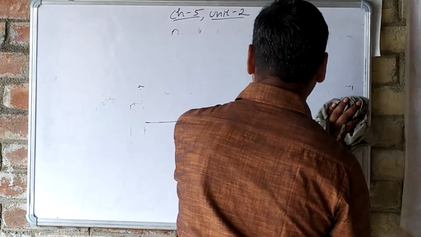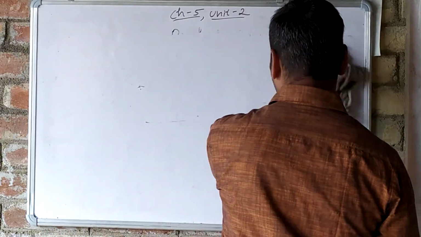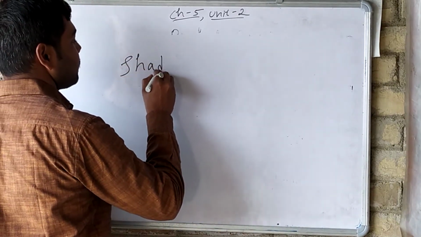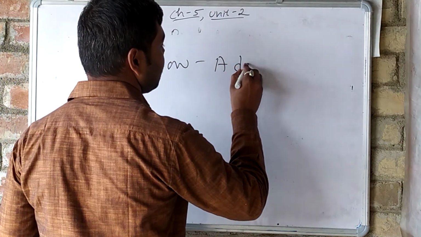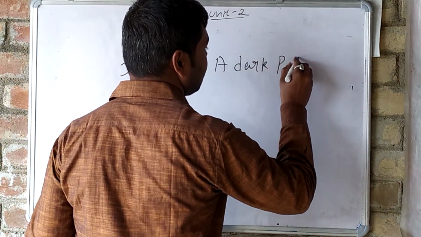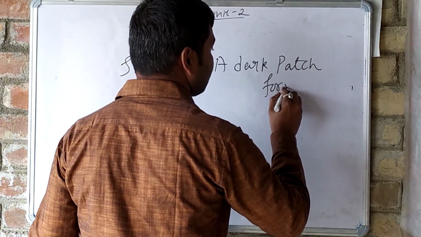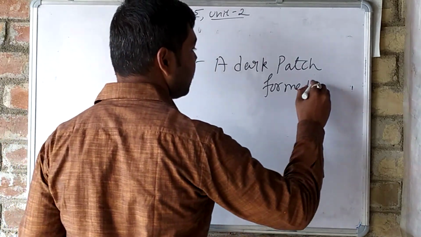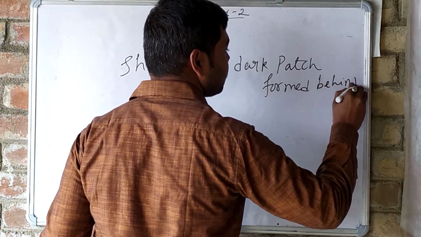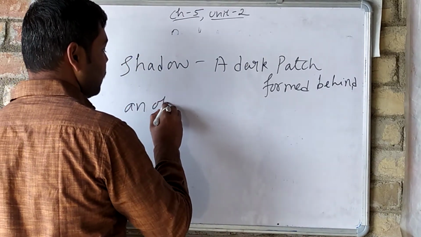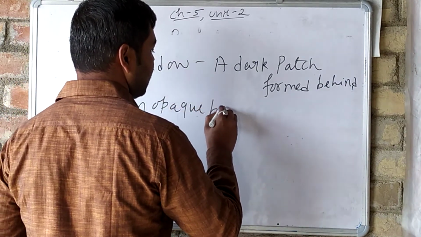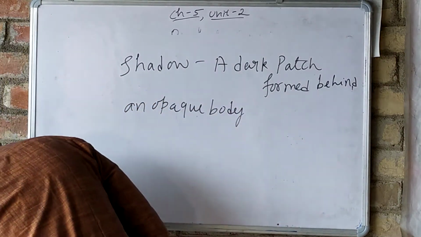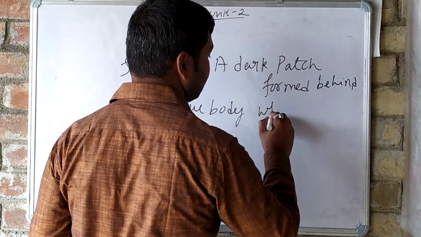Shadow is a dark patch formed behind an opaque body when it is placed in the path of light.